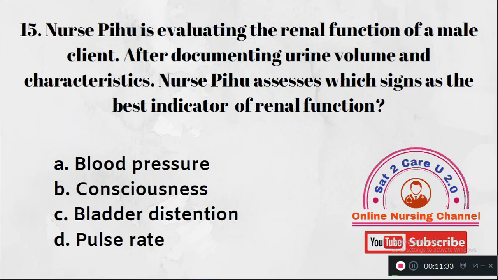Option D, pulse rate. So the important sign which is the best indicator for renal function will be assessing the blood pressure. Blood pressure tells how your kidney functions, whether it is normal function or abnormal function.